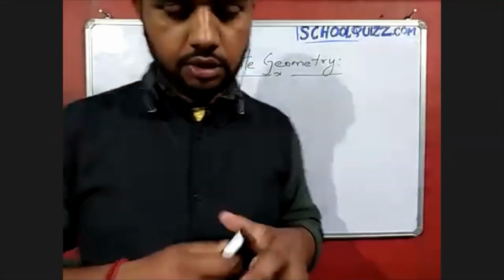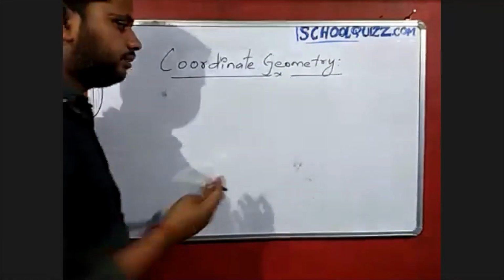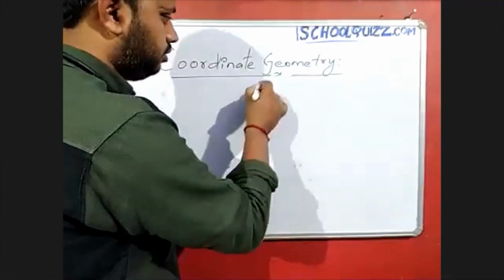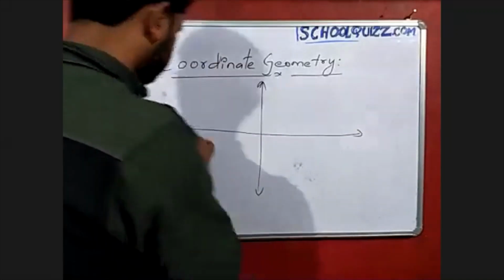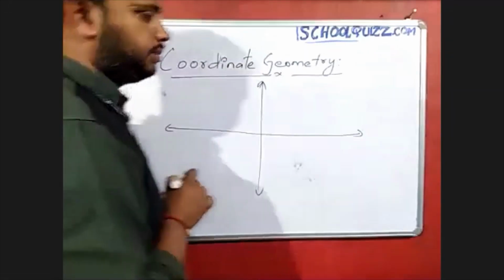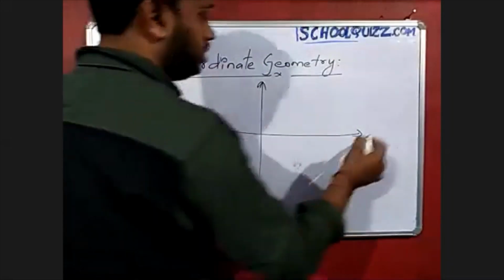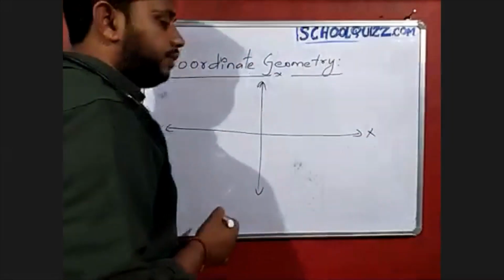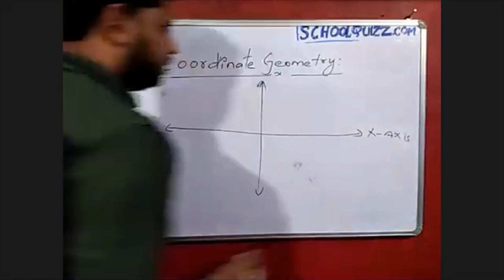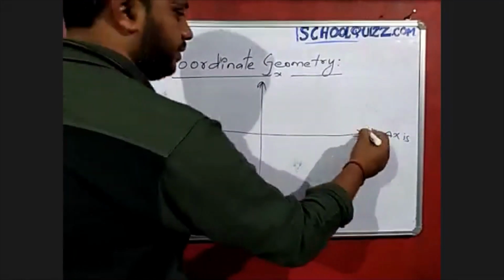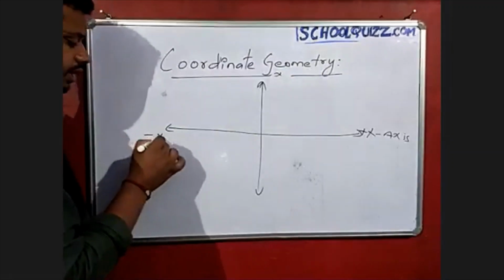So let's not waste our time. As we all know, an axis is nothing but an integer line. Two integer lines are perpendicular to each other, and we call them axes. The horizontal line we call the x-axis, the right side is the positive x-axis and the left side is the negative x-axis.